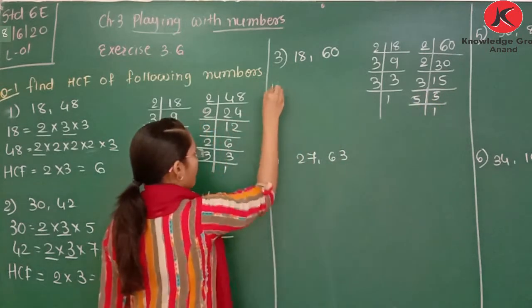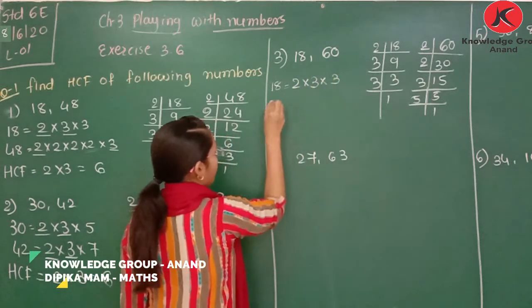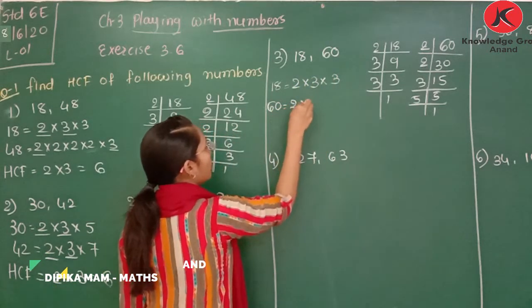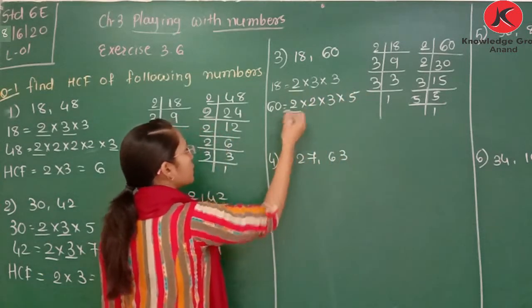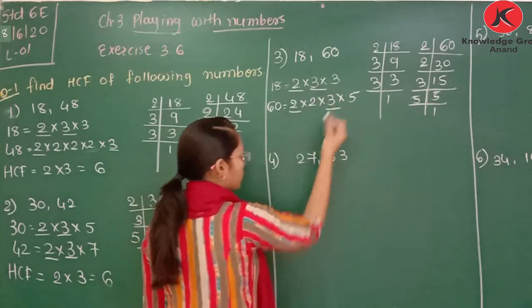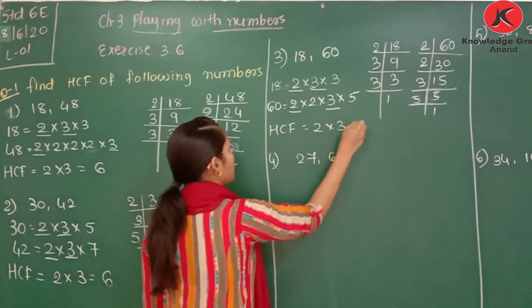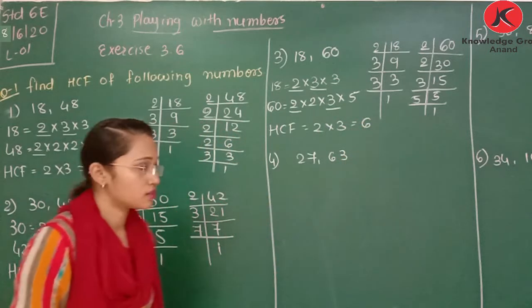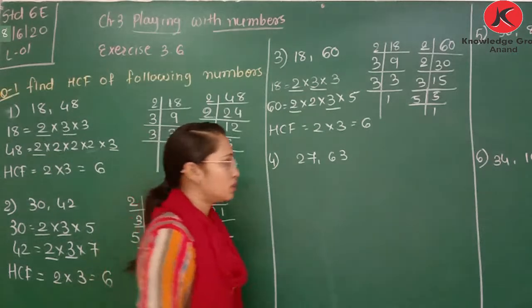So factor of 18 is 2 multiply 3 multiply 3. Factor of 60, 2 multiply 2 multiply 3 multiply 5. Now common, 2 and 3. So HCF will be 2 multiply 3, that is 6. Now next 27 and 63.